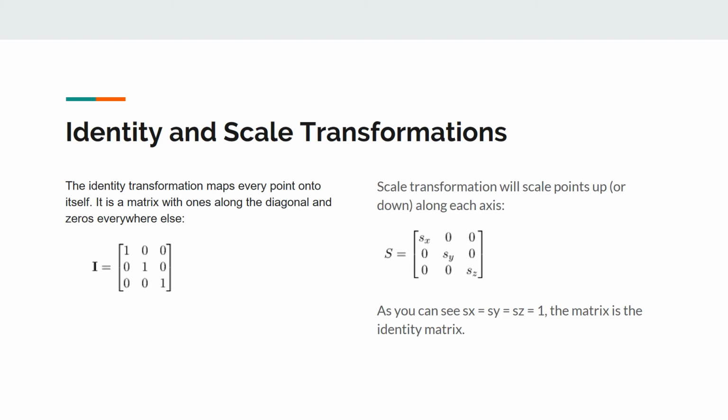And it's represented with a matrix with ones along the diagonal and zeros everywhere else, as seen by I here. A scale transformation will scale points up or down along each axis. As you can see, Sx is equal to Sy equal to Sz equals 1. So it essentially is the same thing as the identity matrix.